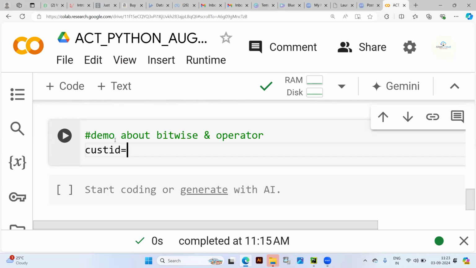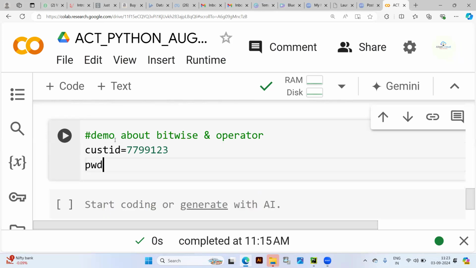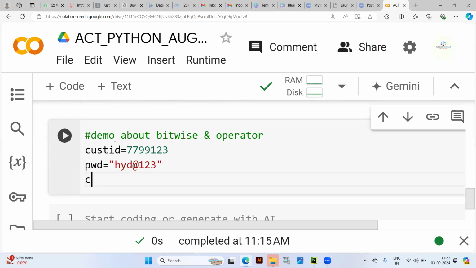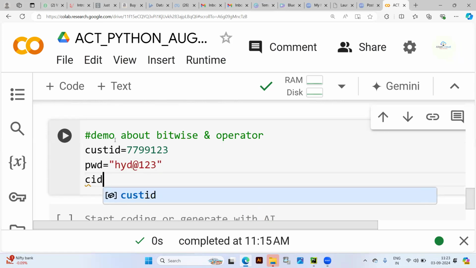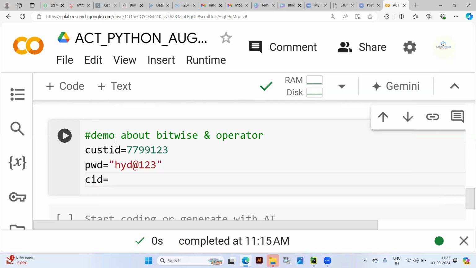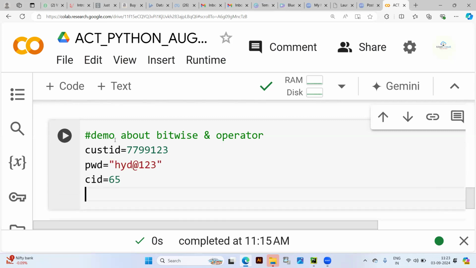The actual customer ID is 7799132123. The password, let's suppose, is HYD@123. Once the presentation layer does the encryption of this customer ID and password, the customer ID becomes something else, which is 65, an ASCII value. The password will become 15, also an ASCII value.